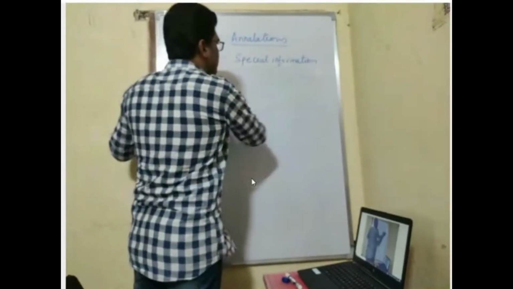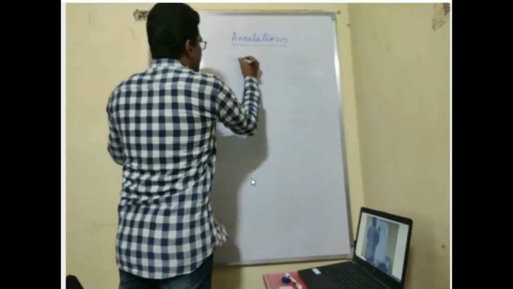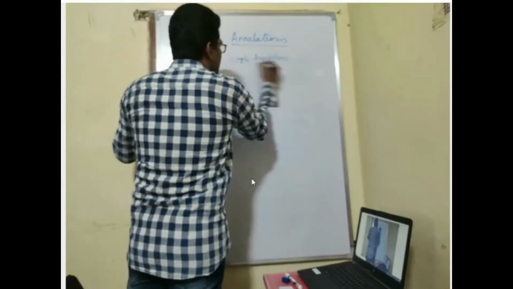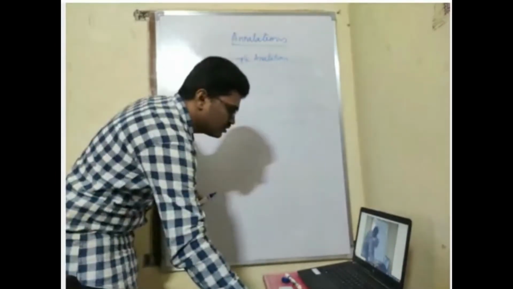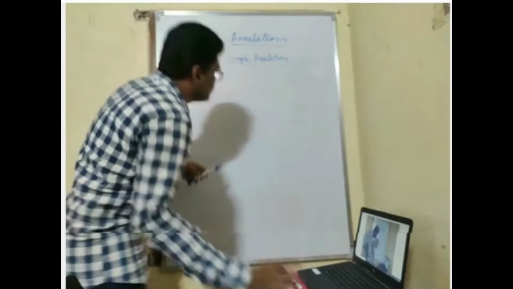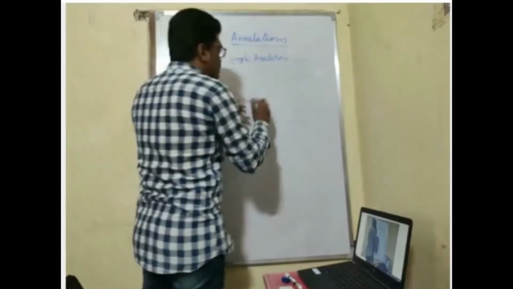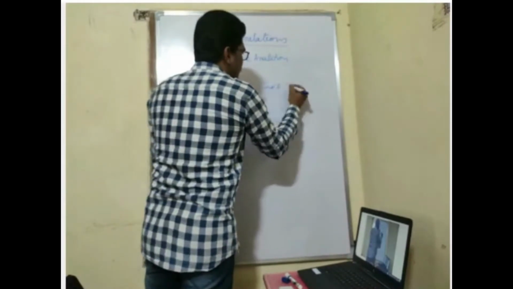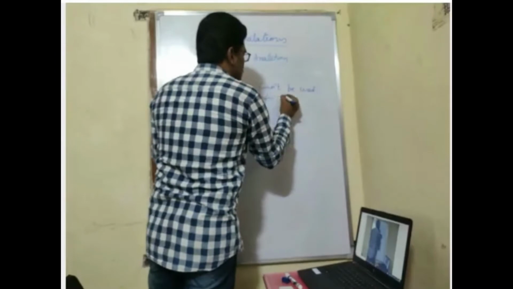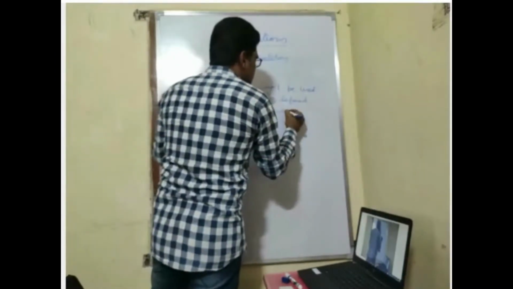This is the purpose of annotations. There are a few annotations which we call simple annotations, very simple annotations. These are the annotations which we'll be using, but they cannot be used for defining custom annotations.